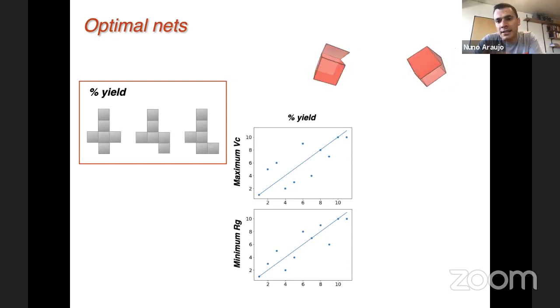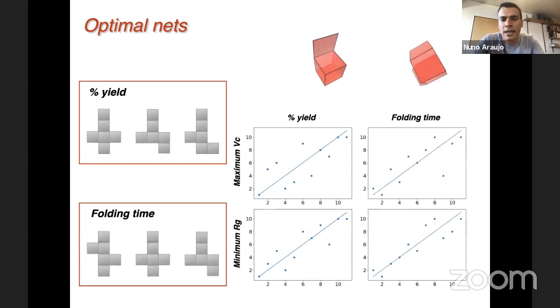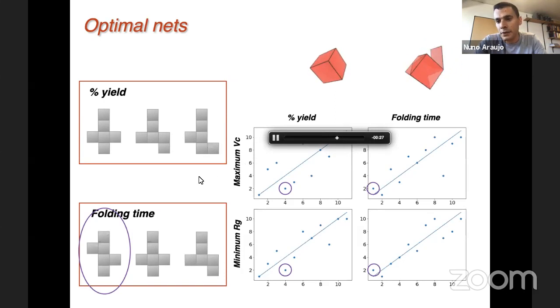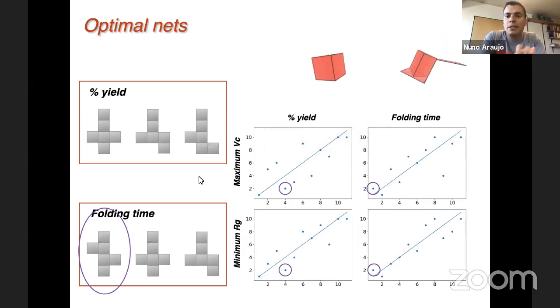But what is interesting is that if we now ask which one folds fast, the rank is significantly different from the one we find for the minimization of defects or misfolded configurations. In fact, the one that folds fast is ranked fourth in the list based on the efficiency of folding. And so optimization really implies that we need to define for what criteria we are optimizing: efficiency of folding, or the time it takes to fold.